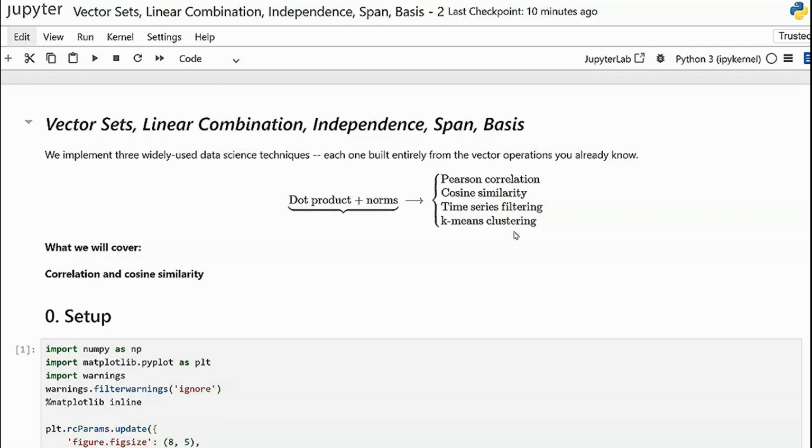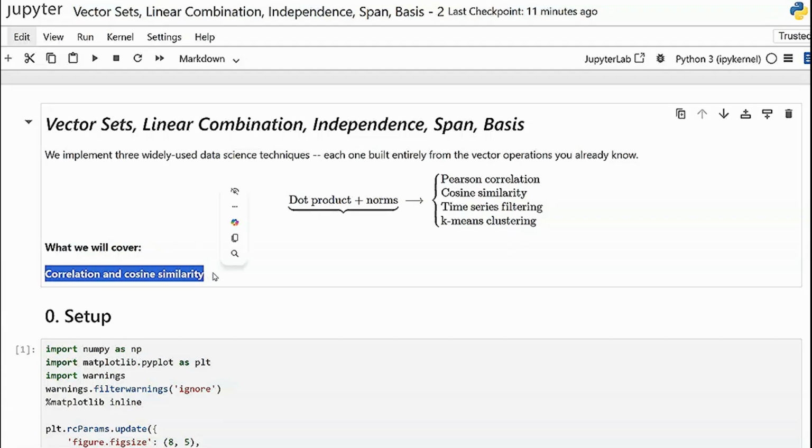Dear friends, each one is built entirely from vector operations. But in this session, we are going to discuss only correlation and cosine similarity, the dot product as a similarity measure with normalization.